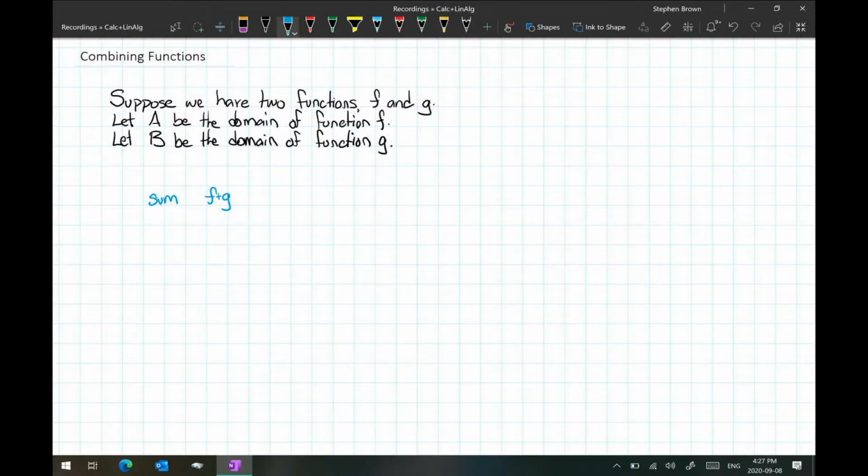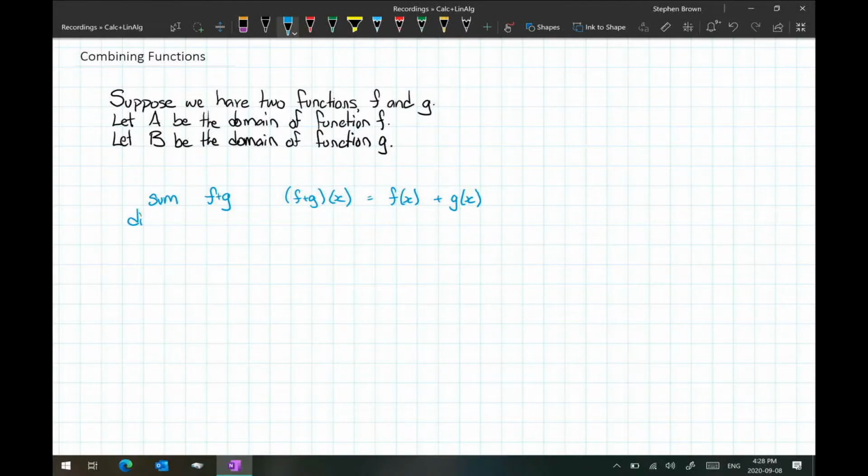And we would need to know what symbol we're using for the variable. So we might write f plus g of x, so that you know x is the input of the functions. And that's the same way of interpreting it as f of x plus g of x. It's just a different notation.